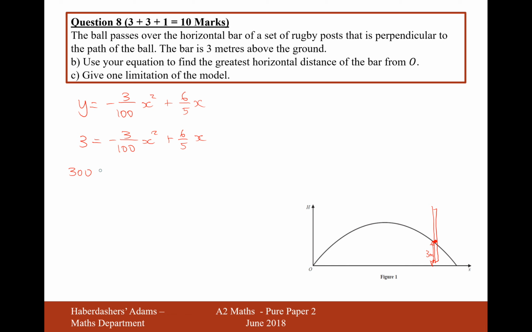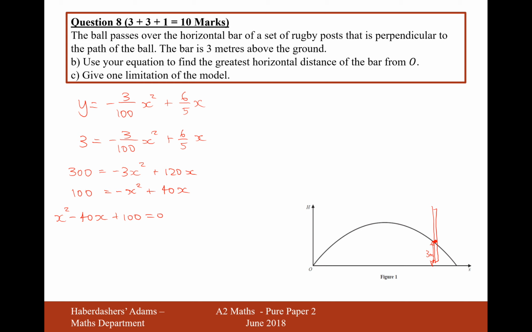That should simplify it. 300 equals minus 3x squared plus, let's be careful on this one, 120x. Let's divide by 3 as well, so 100 equals minus x squared plus 40x. Let's now move everything onto the left-hand side: x squared minus 40x plus 100 equals 0.